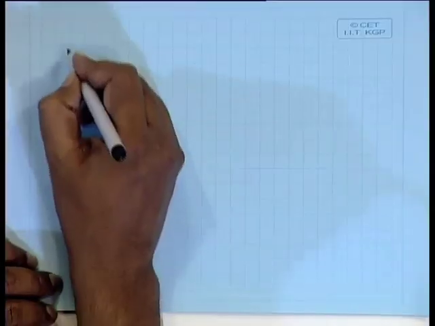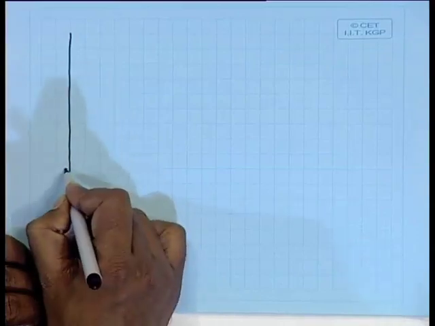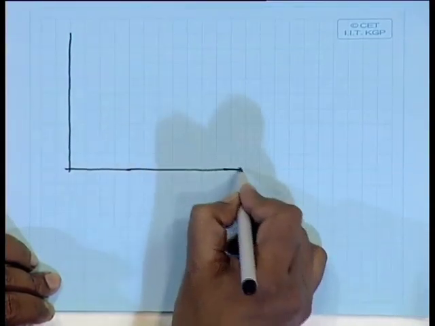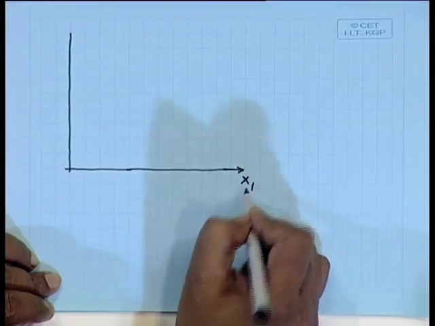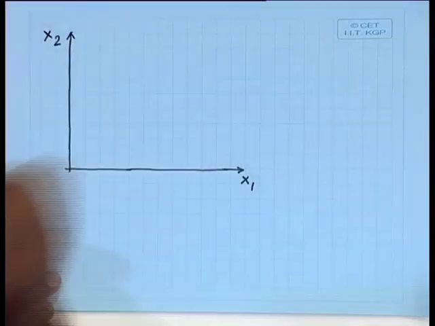Now, come to a situation that suppose I have a situation something like this. So, this is my x1 dimension and this is my x2 dimension.